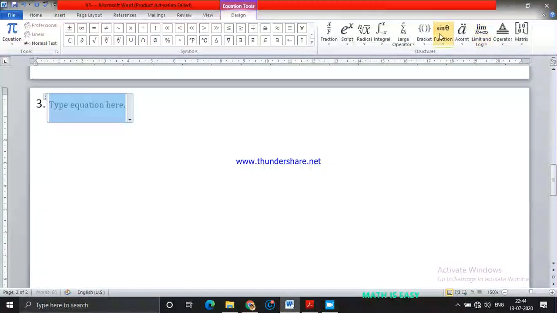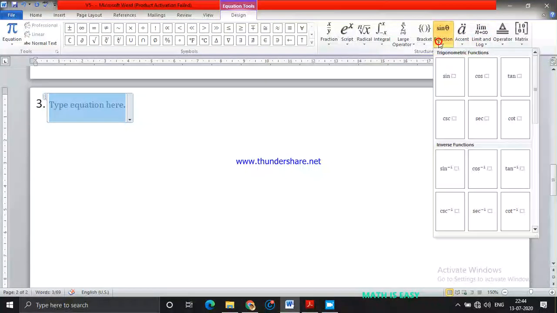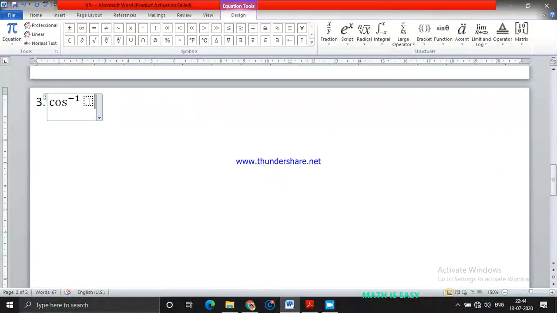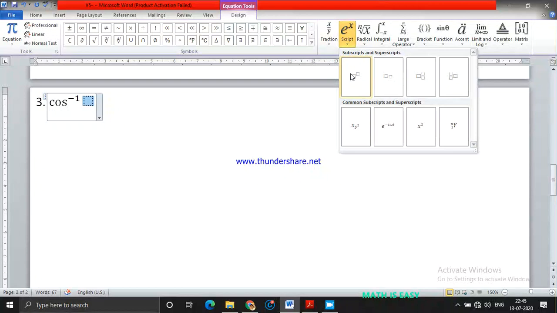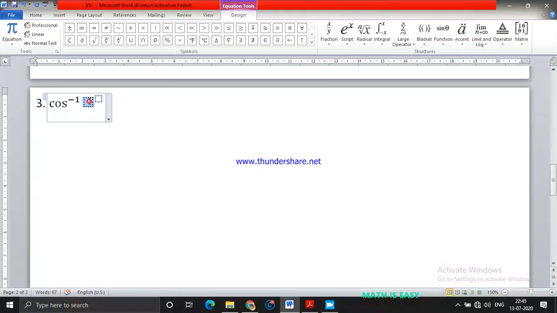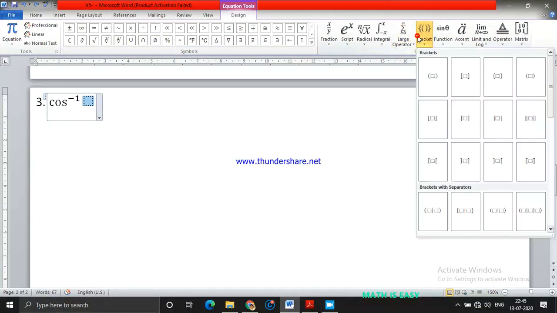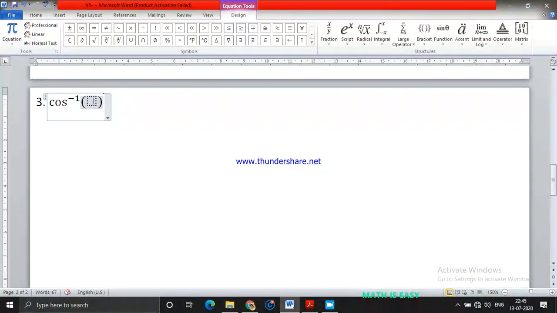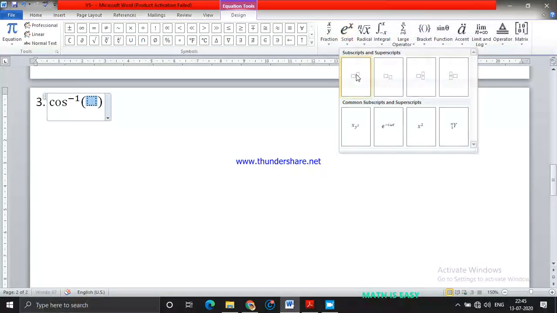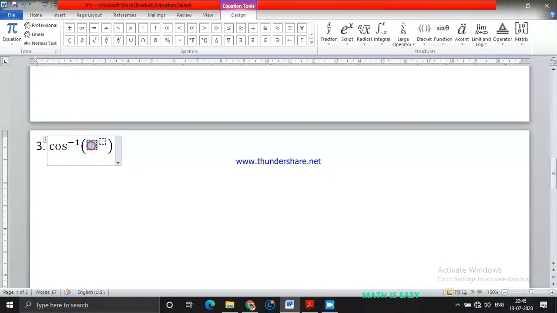So let me insert the equation: cos inverse e to the power minus x. I have to put the bracket, and the exponential will be e to the power minus x.